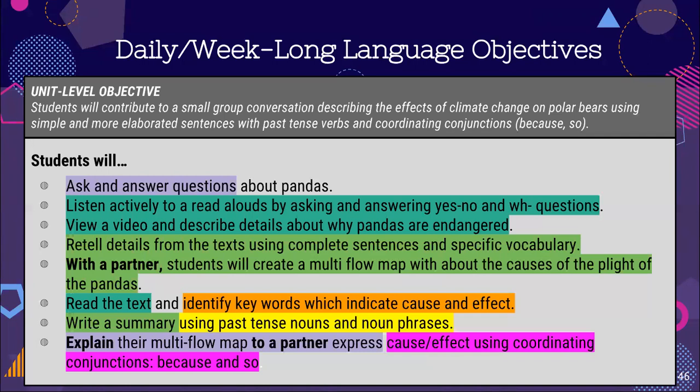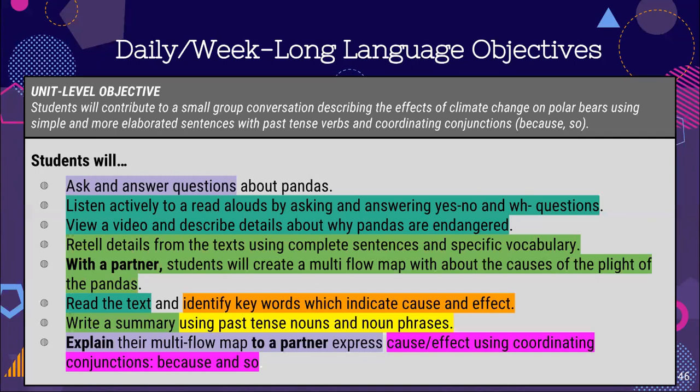So on a particular day, students' focus might have been to ask and answer questions about pandas. And that one may have actually been repeated. So we might have asked and answered questions about pandas on day 1 when we were finding out what students knew, their prior knowledge. And then we came back to those and we added to asking and answering questions about pandas almost every day.